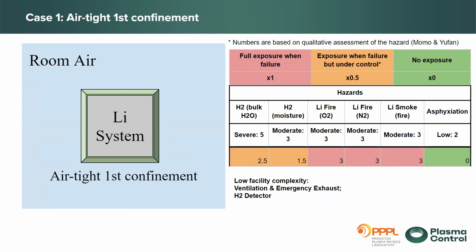With full exposure, when the system fails and comes in contact with water, it generates hydrogen. That has a much higher likelihood and probability than, for example, if you have a secondary confinement. Also you can have fires and smoke, and in this system you won't be able to get rid of them. That's considered a pretty large factor.